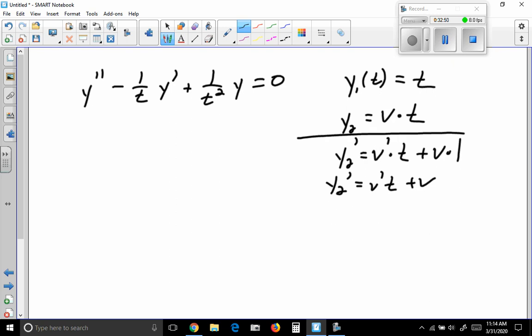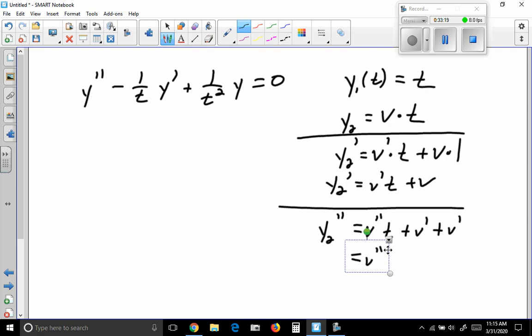Now we need to do our second derivative, which is the derivative of this. The derivative of v prime t is v double prime times t plus v prime times the derivative of t, where the derivative of t is 1, plus the derivative of the next term. So the second derivative is v double prime t plus 2v prime.